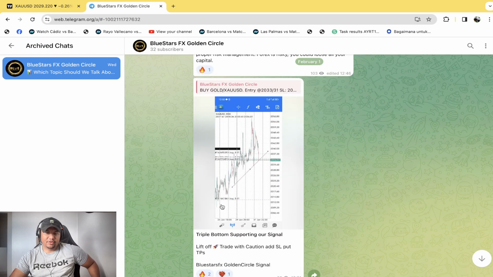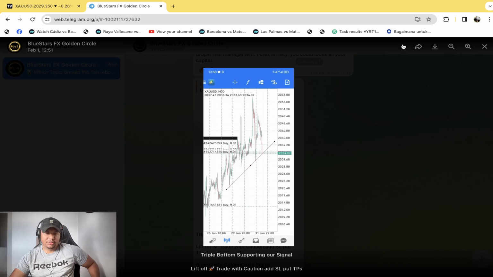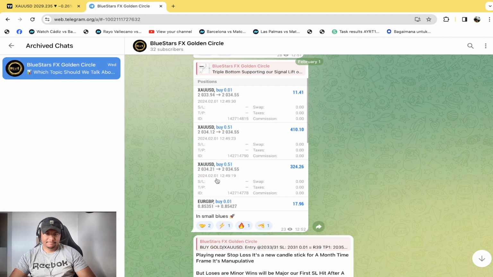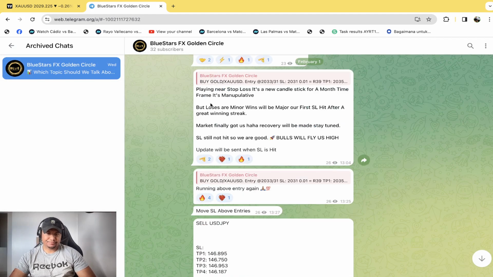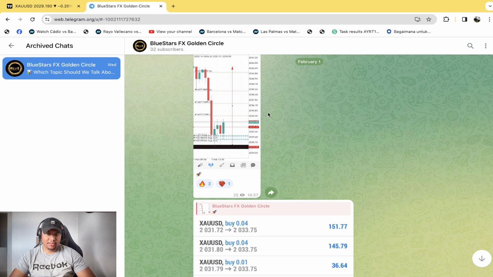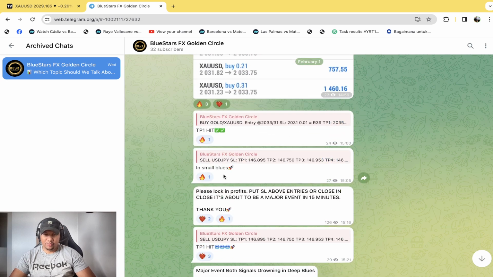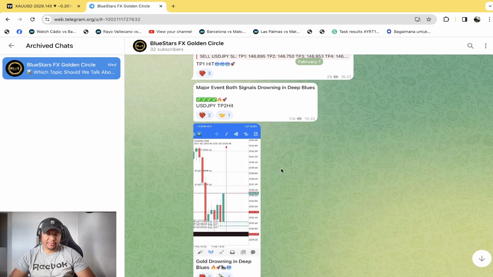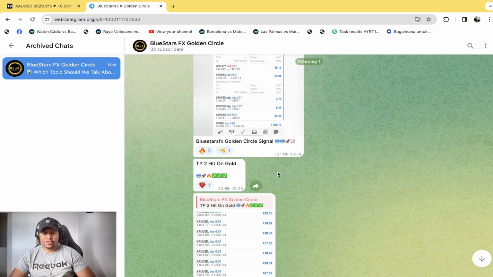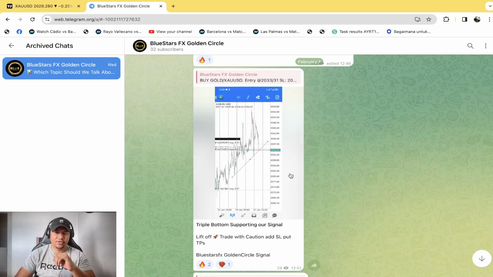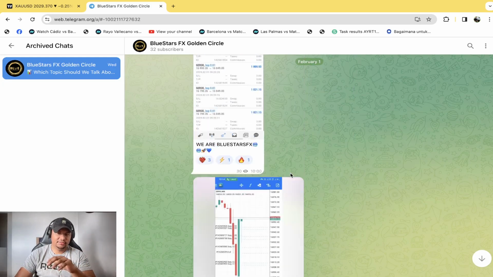And yeah, we are about gold, triple bottom, and there we go, price near stop loss. It's a new candle. There was a sell on GJ, buy gold, the arrow is there, TP1 hit, small blues, please lock in profits, USD JPY. So you can see just in a single day, February started here.